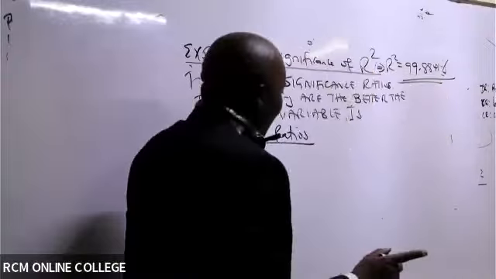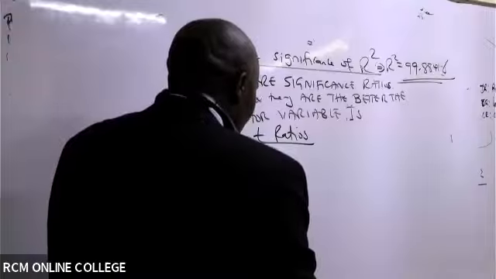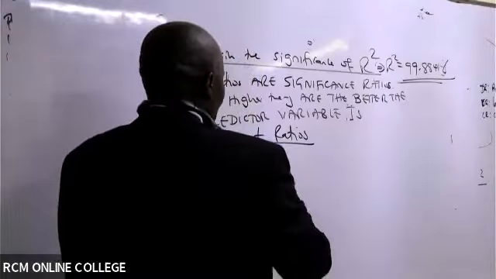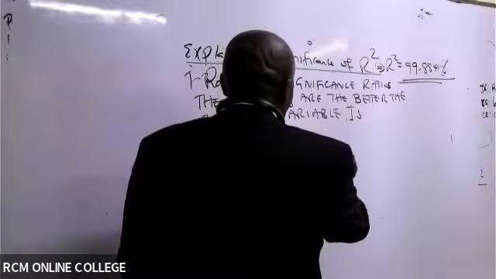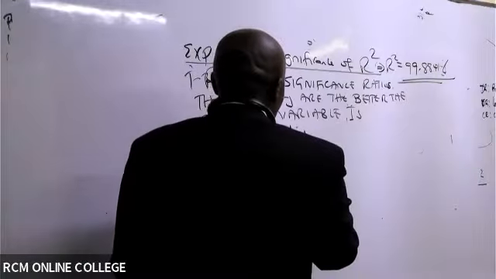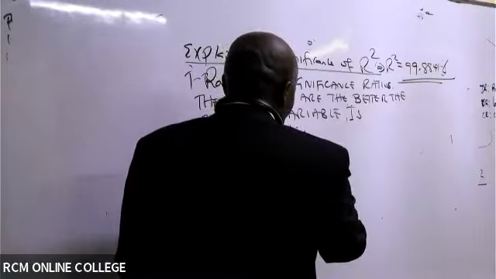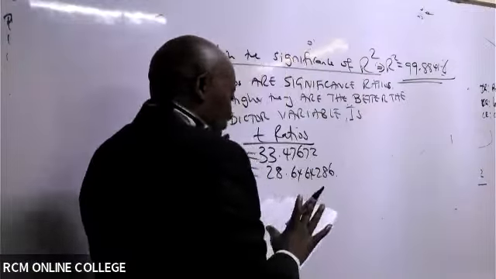Yes, Jeru. So the T ratio for orders is 33.47672. And the T ratio for X2 is 28.646426.